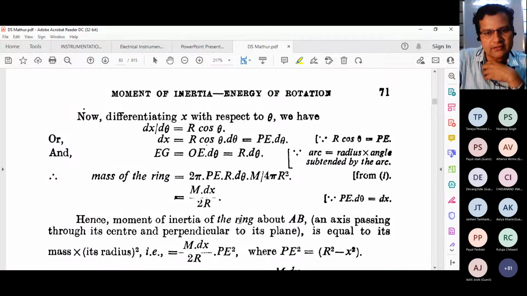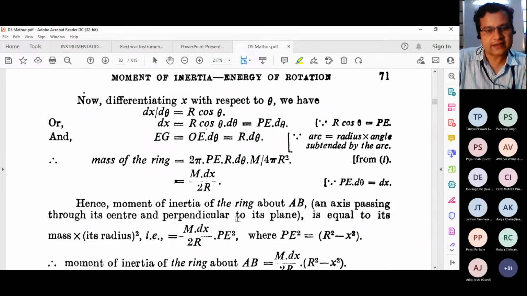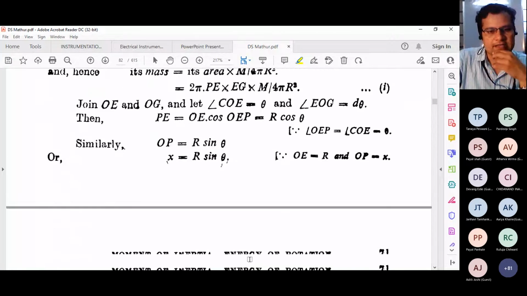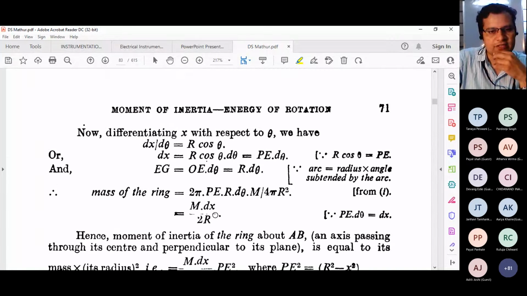And this mass of the ring we need because we need to integrate it over the perpendicular distance, the radius. Geometrically, its radius is PE. So we need to take the square of this PE, multiplied by this particular mass, which we got from the relation as m dx upon twice r.